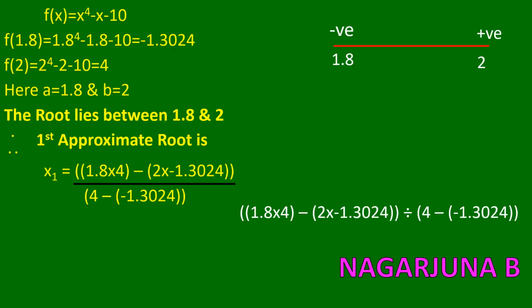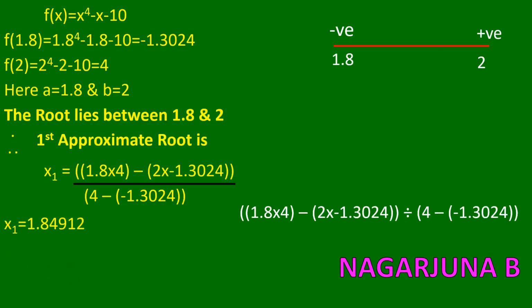Don't use the capital one, that is a bigger minus sign; use the smaller one in a calculator. Then 1.3024, close the bracket, again close the bracket, divided by, open the bracket, 4 minus, open the bracket, again the small minus sign, 1.3024, close the bracket, again close the bracket.